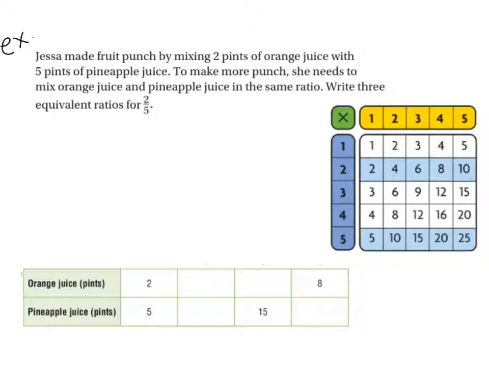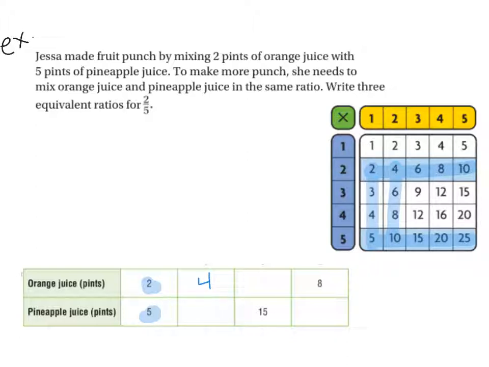So we would use the multiplication table, and we would find the first number, 2, and highlight across. And then we would find the second number in the ratio, 5, and highlight across. And now, where these line up is each of those ratios. So we have 2/5, 4 and 10 would be our next one.